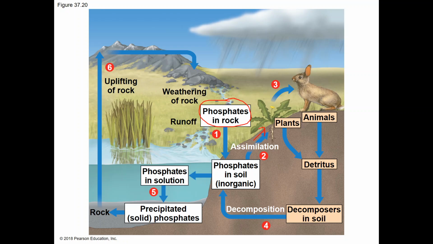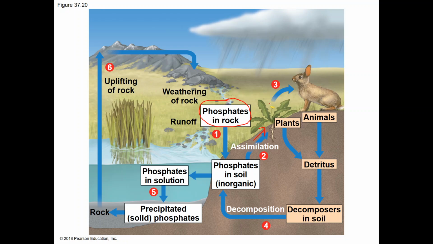And again, I mentioned a mutualistic relationship between plants and the fungi, mycorrhizae. This is where those mycorrhizae come into play. They're very efficient at helping the plant to incorporate this inorganic phosphate into organic compounds.